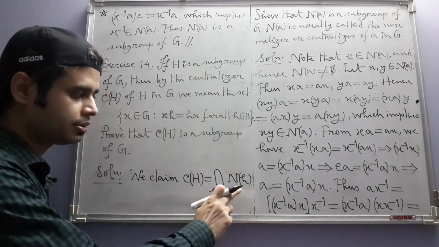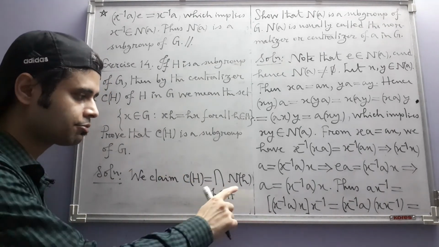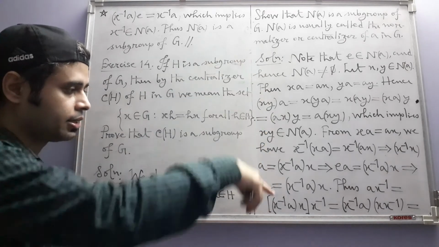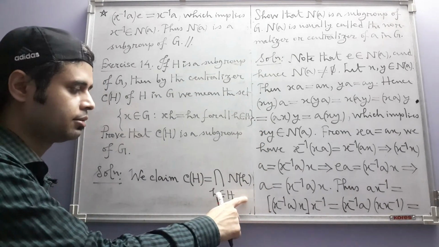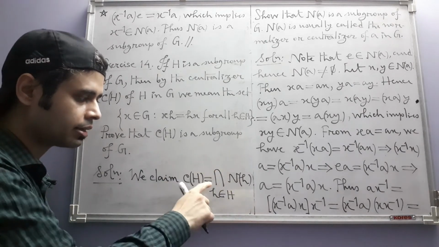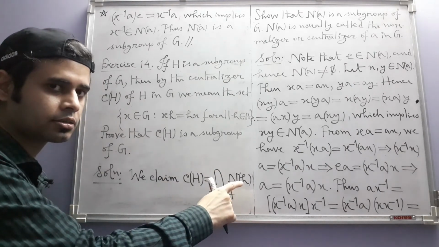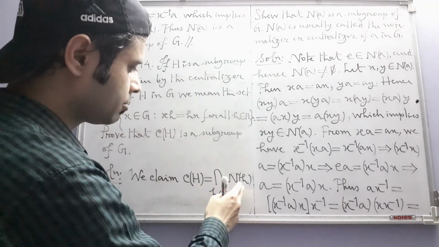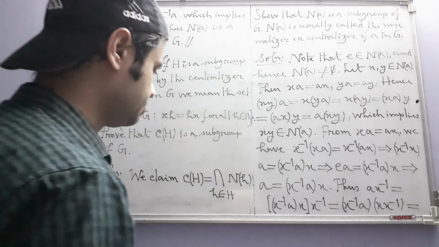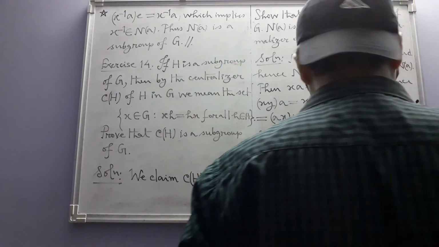Then this will tell me two things. First of all, by the previous exercise, each NH is a subgroup, and by exercise 1, this arbitrary intersection of subgroups is a subgroup. So I only need to show that this is true, and that is in fact true.